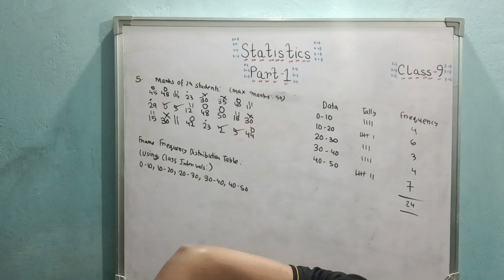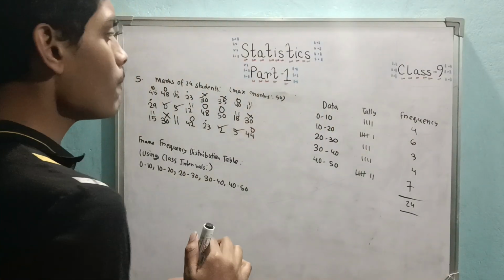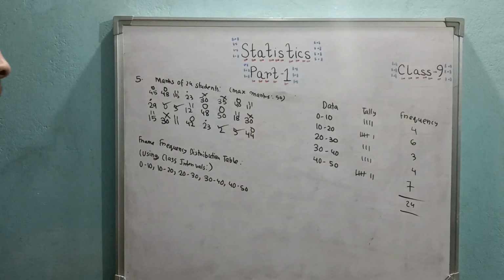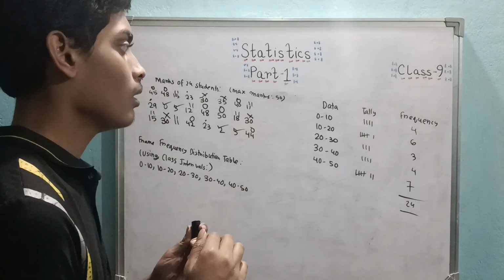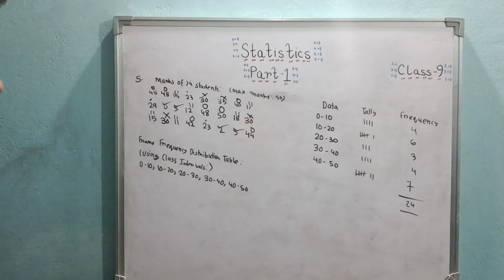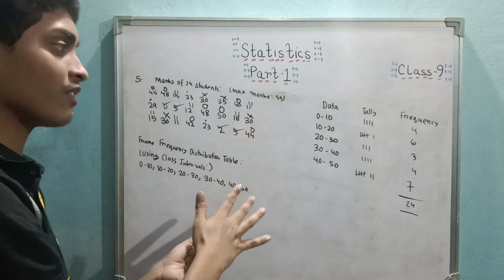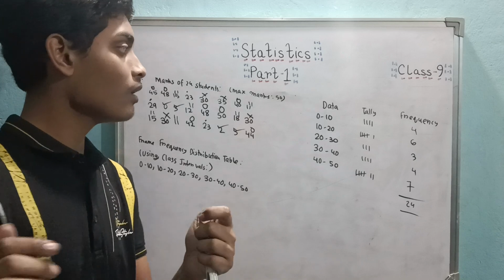So I hope you understand the basic concept now of frequency distribution table. I'm going to leave it up to here for today because I want you to understand from this sum what is the basic system. This is a very basic sum. Okay, just understand.